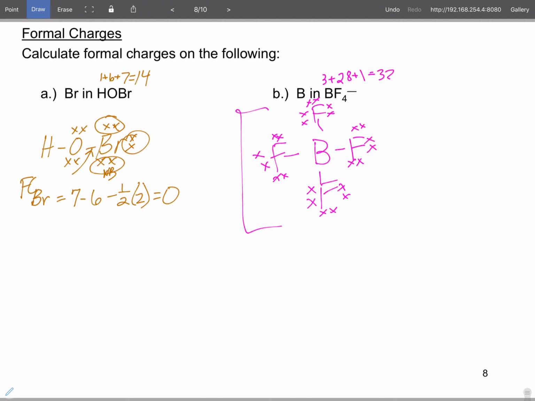This one, on the other hand, is minus 1. So somebody's going to come out to be minus 1. We want the formal charge of boron. So that's 3 minus 0, because there are no non-bonding electrons, minus 1/2 of all the bonding electrons, which is 8. So that's minus 1. So that's the atom that holds the formal charge.